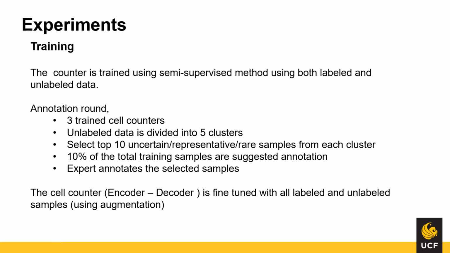And then they select the 10 most uncertain representative rare samples from each of these clusters, and 10% of the total training samples are suggested for annotation based on the suggestive sampling algorithms that they use. And then the expert annotates these selected samples, and then they are fed back into the encoder decoder for fine tuning.